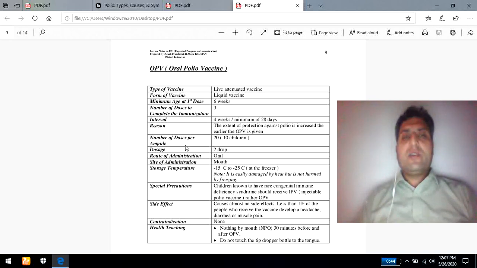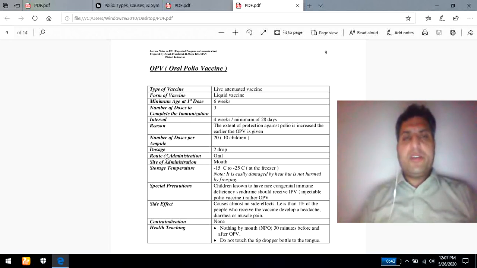Number of doses per ampule. Almost we can say that basically 20 doses are available. A single ampoule may contain 20 doses, or may contain 10 doses, depending on the case, but 20 doses for 10 children is the most commonly available dosage form.